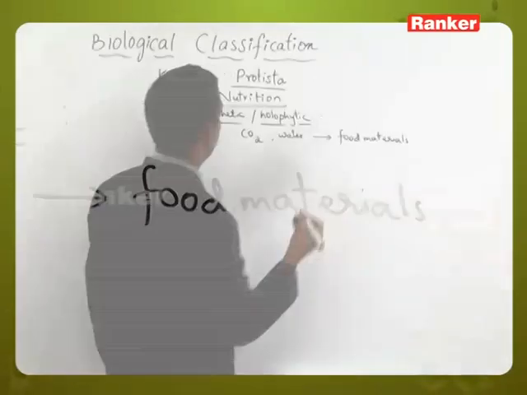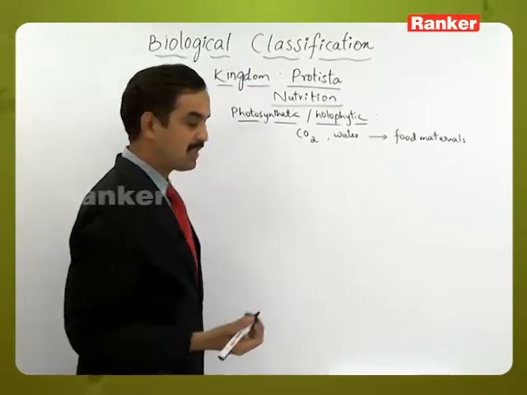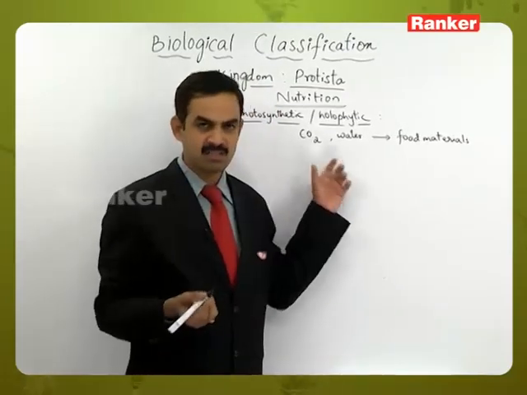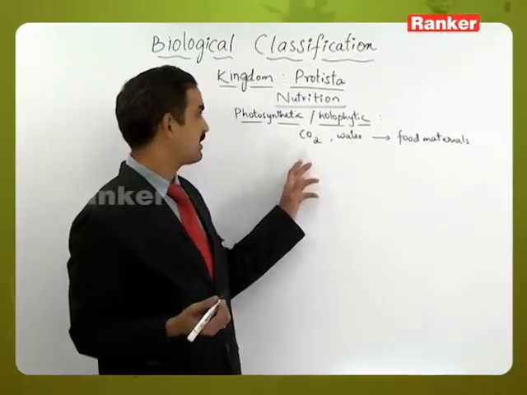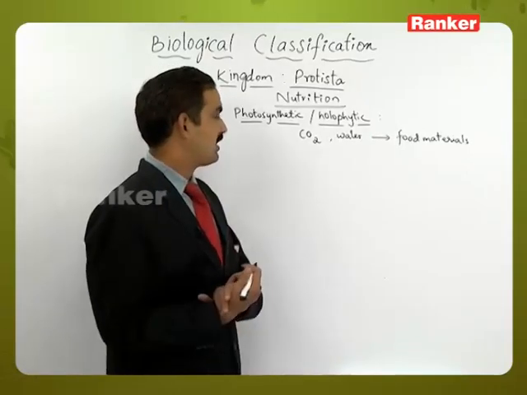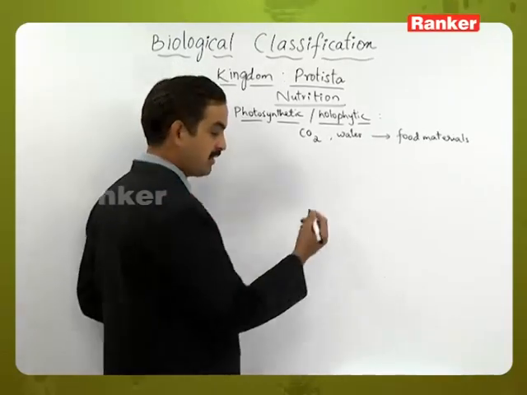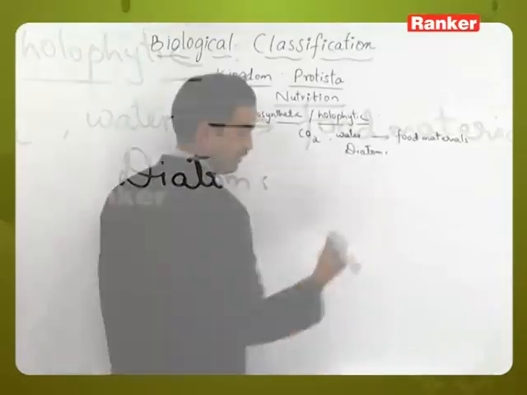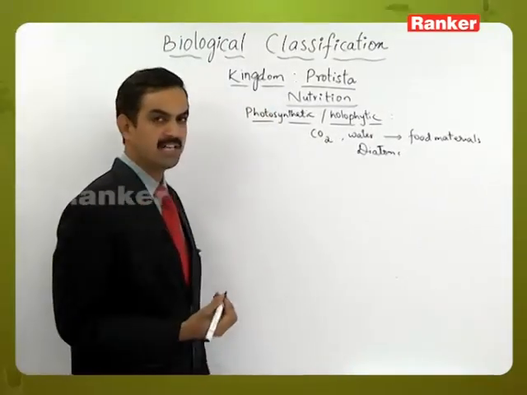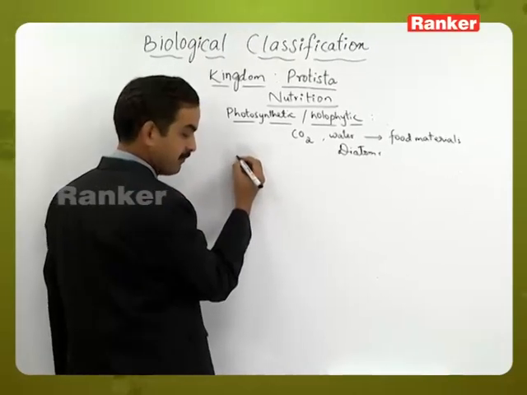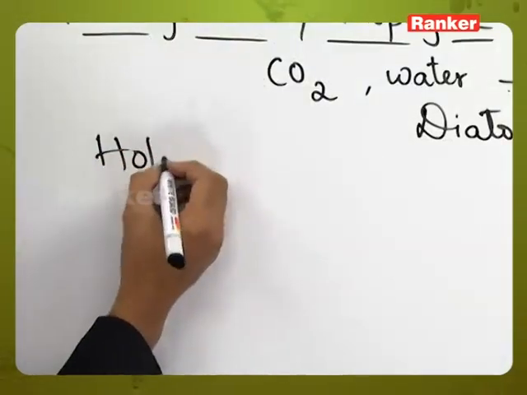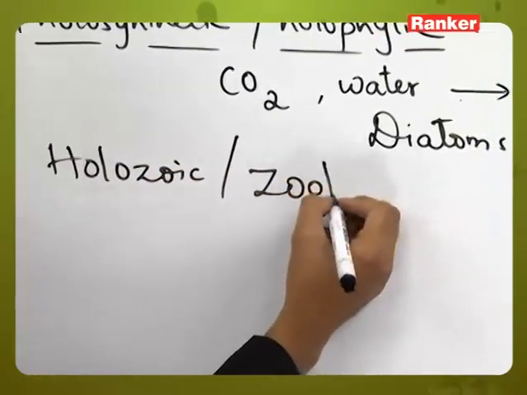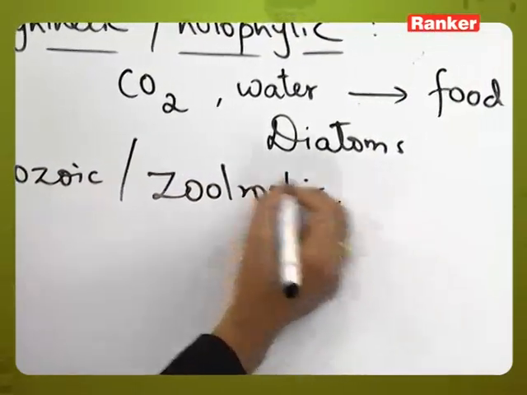And for this process, they require some pigments. The pigment required for this process is the chlorophyll pigment, which is very much present in those organisms. Such type of nutrition is called the photosynthetic type of nutrition, which can be seen in diatoms. Then the second type of nutrition is the holozoic or zootrophic type of nutrition.